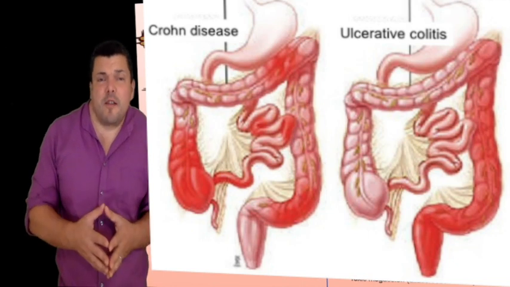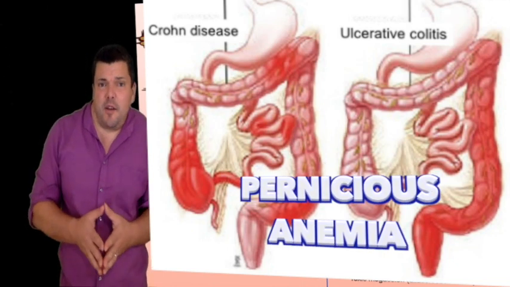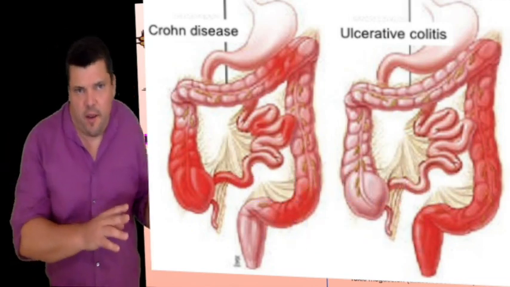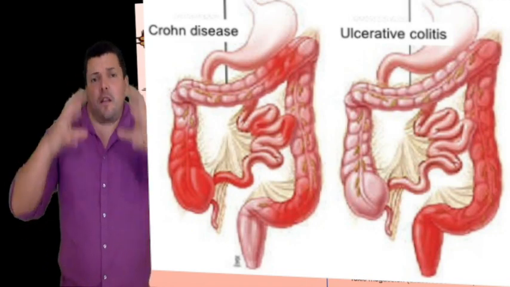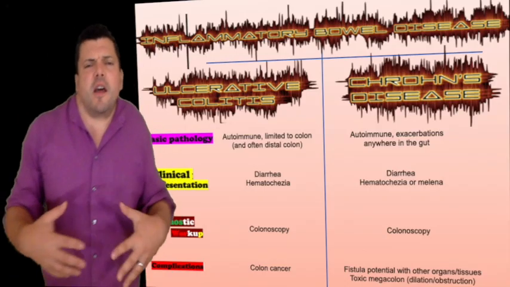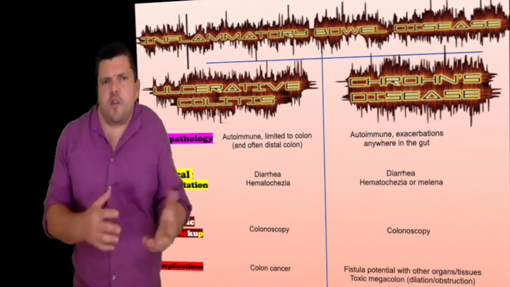She had to be on B12 shots because of pernicious anemia, a B12 deficit-related anemia that can lead to megaloblasts, or very large erythrocytes.